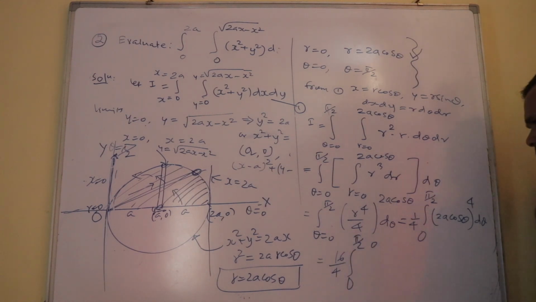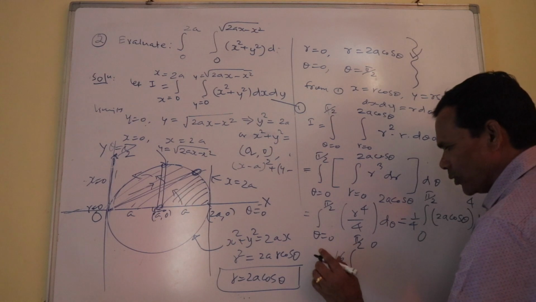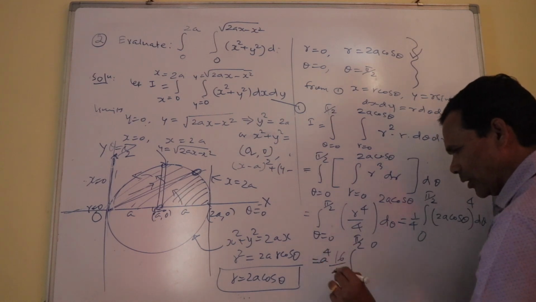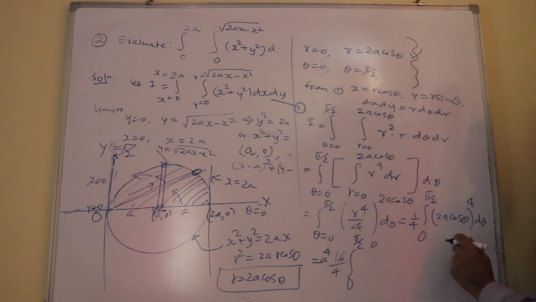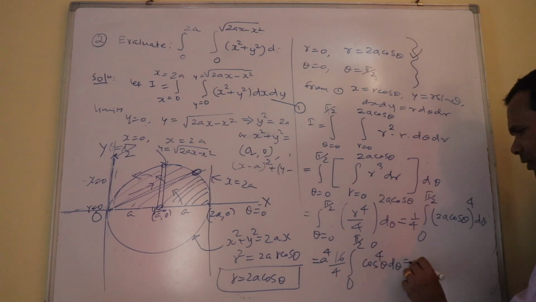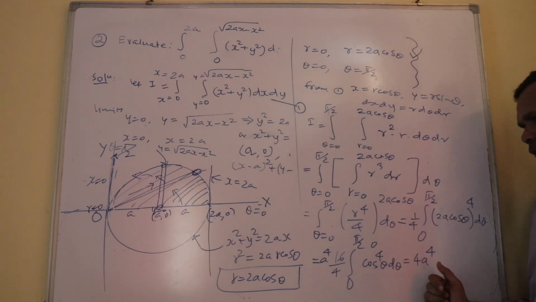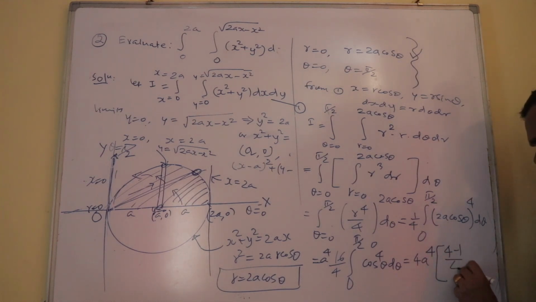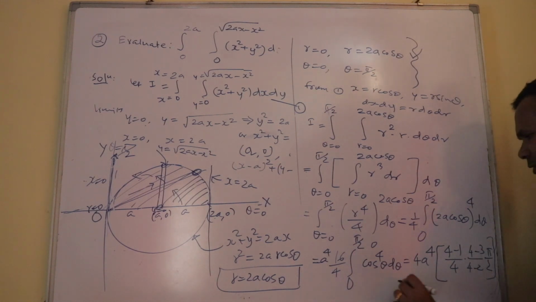Limits 0 to pi by 2, and here a raised to 4 is also there. It is cos raised to 4 theta d theta. So you are getting 4 times a raised to 4, and using the reduction formula here, 4 minus 1 upon 4, 4 minus 3 upon 4 minus 2, and pi by 2, because it is an even positive integer.